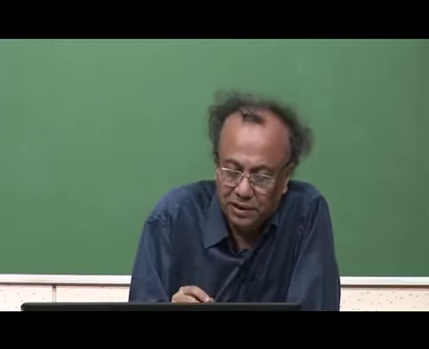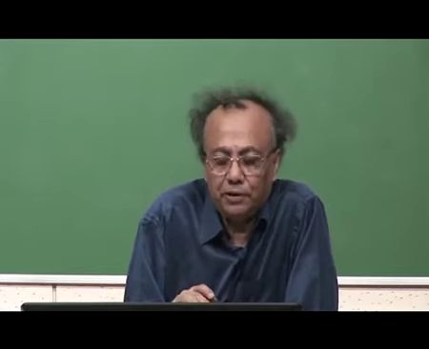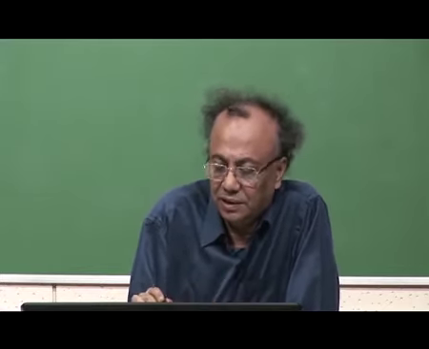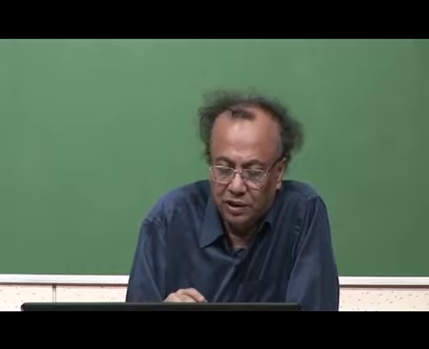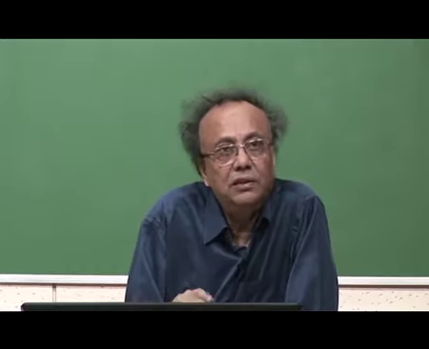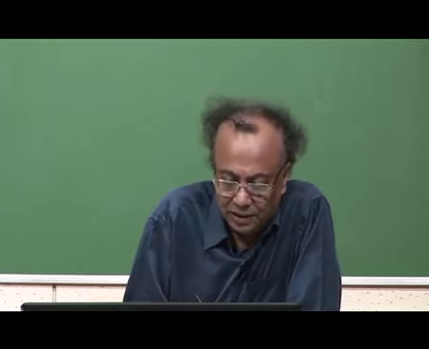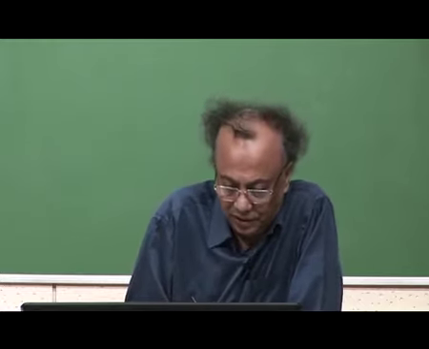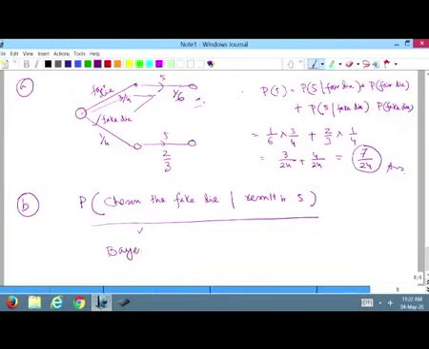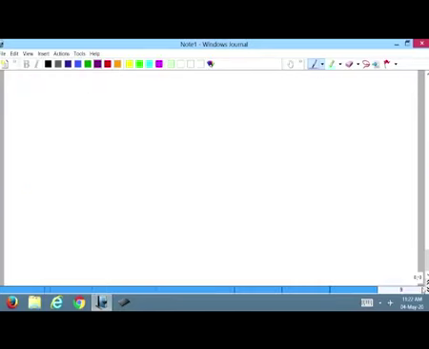So, this probability is called a posteriori probability, that is after the result we are looking at the probability of the initial event. As you know that this can be solved using Bayes' theorem. So, what is it?